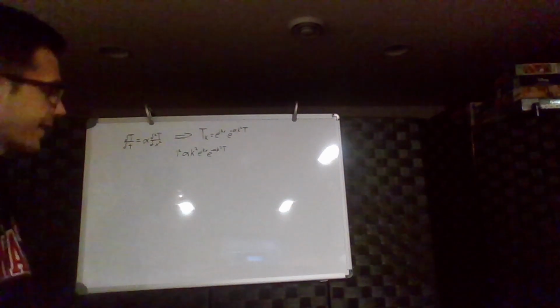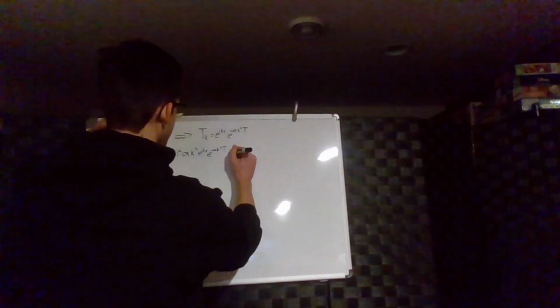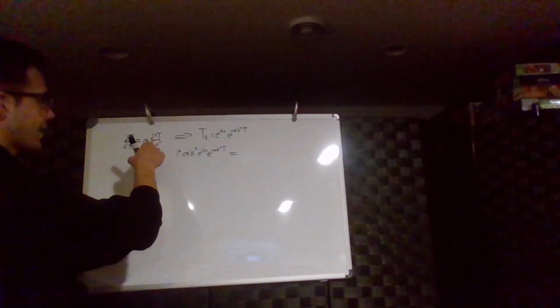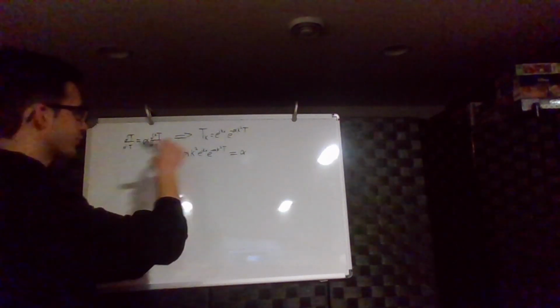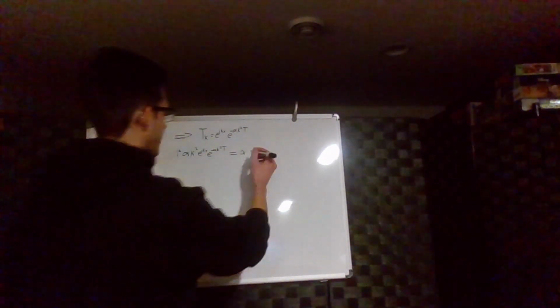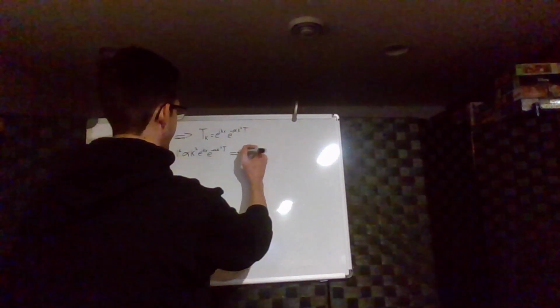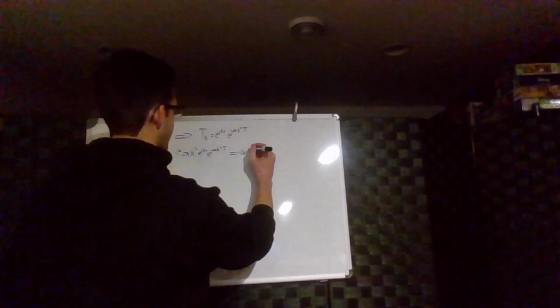Now let's solve it for the right-hand side and see what we get. For the right-hand side, we want to take alpha times our second derivative of our temperature with respect to x. And doing that, we see that we're going to end up with alpha times, now the second order derivative is just going to be a negative, so I'll move that negative out there, k squared.